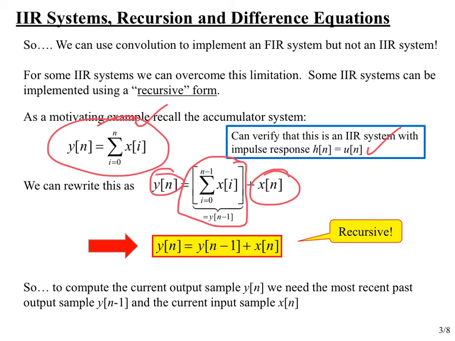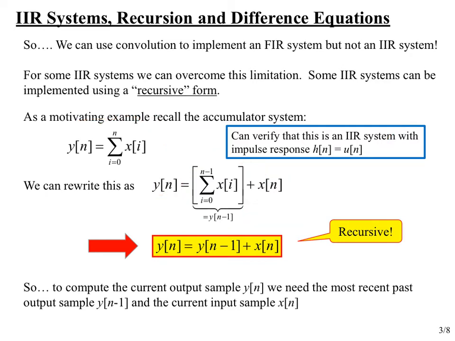Okay, so given that, if we look at that carefully, what we can do is say, well, I've got y of n is equal to y of n-1 plus x of n. So we can rewrite this way, and we now get a recursive difference equation where some current y of n is equal to some function of past outputs. In this case, it's just one single past output, y of n minus 1, plus, in general, the current input plus some number of past input samples.